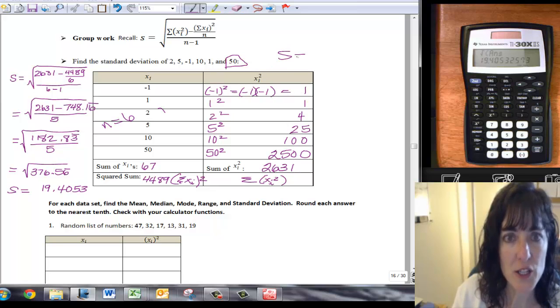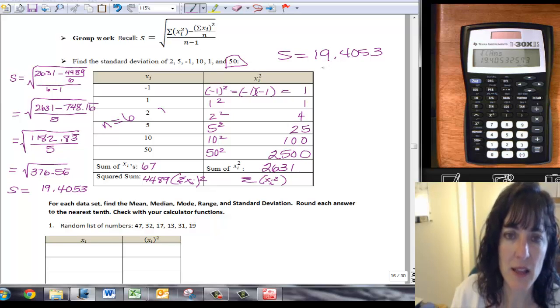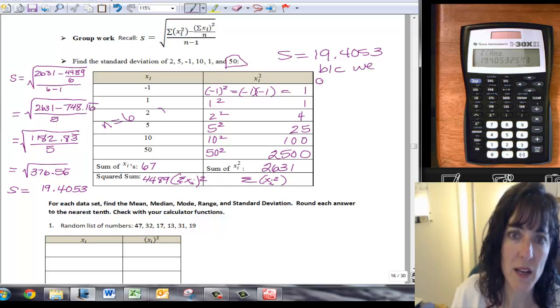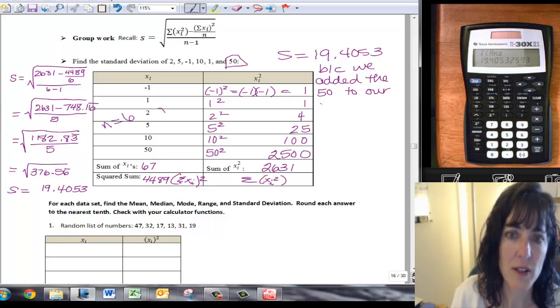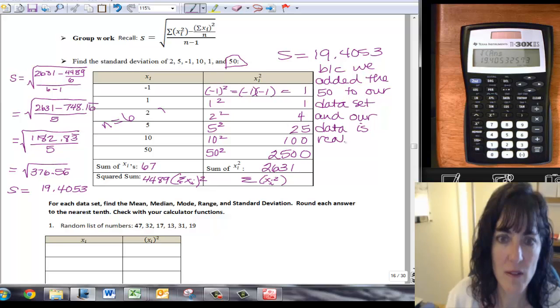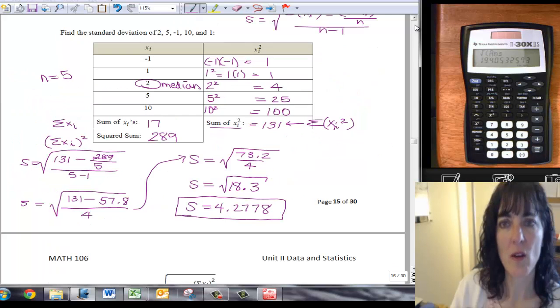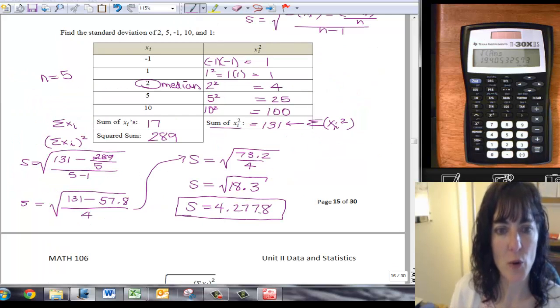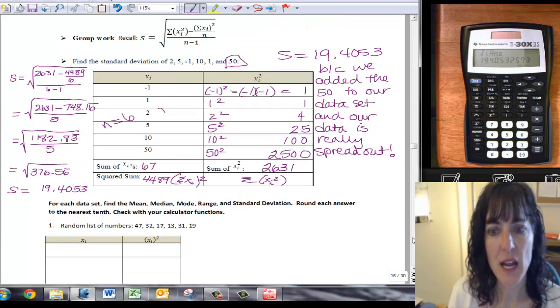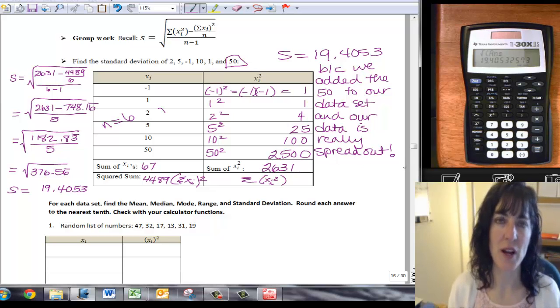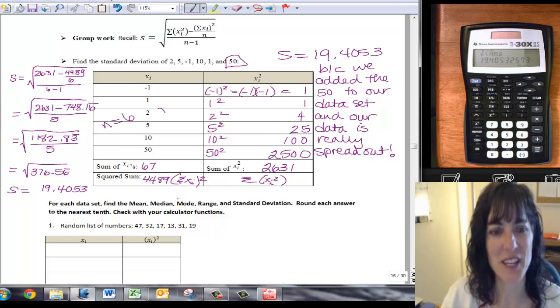So the standard deviation here is 19.4053, and because we added the 50 to our data, it is really spread out. If I come back here, we had a 4 for our standard deviation approximately, and now we have a 19. That's why, because we put that 50 on there for our data.